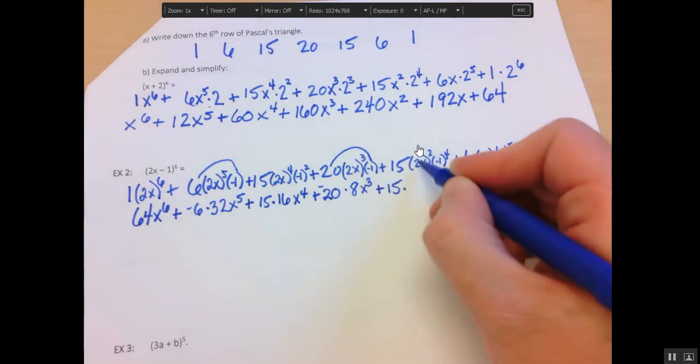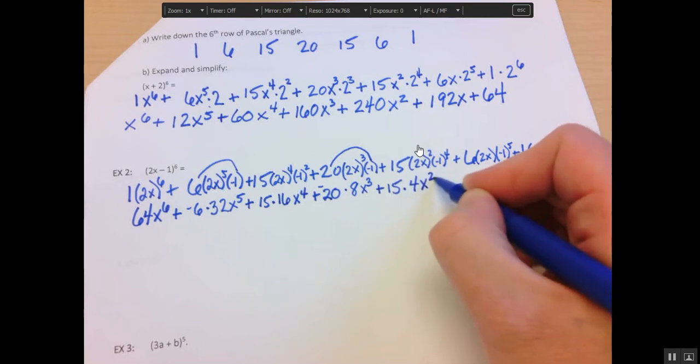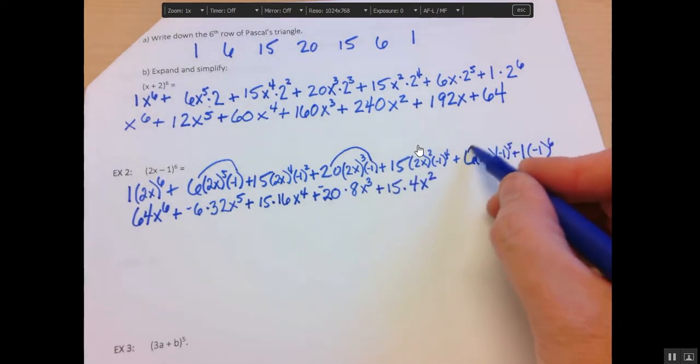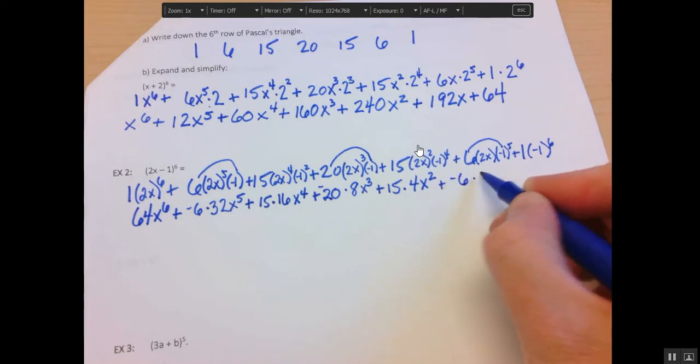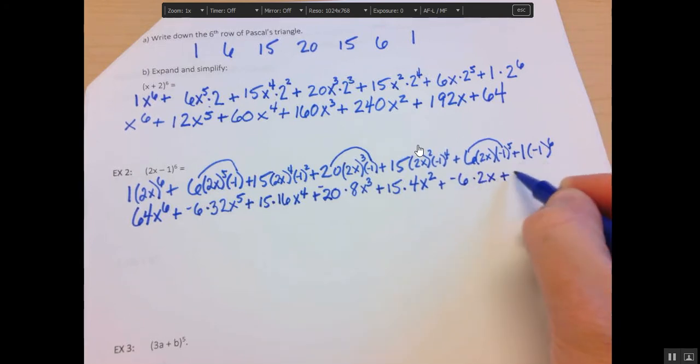Okay, 15 times 4x squared. This is going to be negative, so I have negative 6 times 2x, and then this last one is 1.